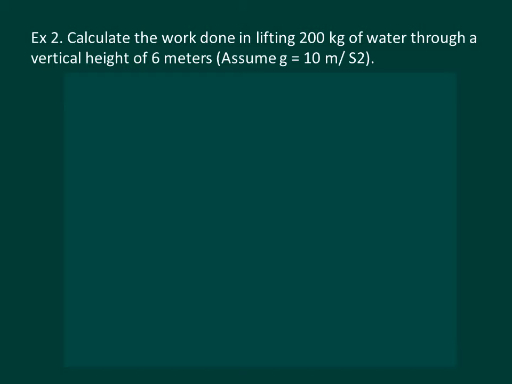Now let us read the question. Calculate the work done in lifting 200 kg of water through a vertical height of 6 meter, and assume g equal to 10 meter per second square. The solution is: in this case, work is being done against gravity in lifting water. The formula for calculating the work done against gravity is W equal to m into g into h.